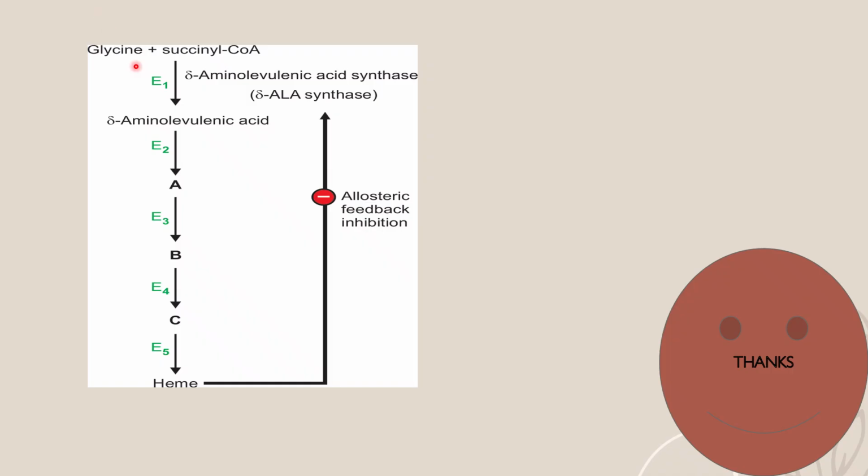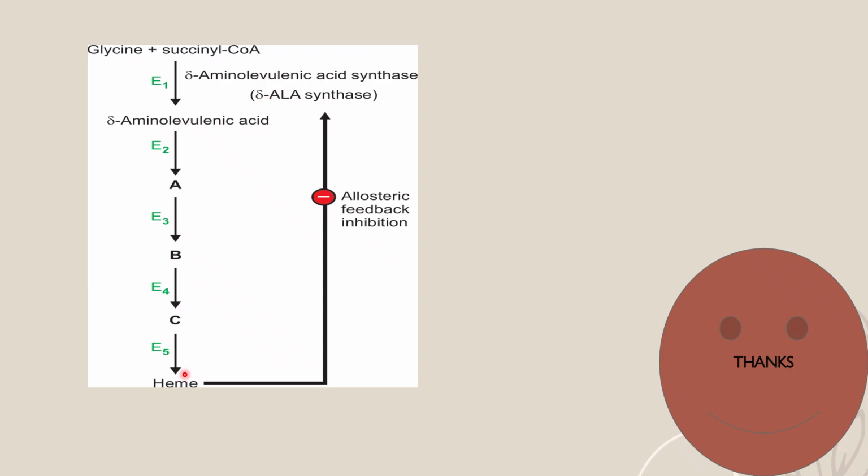Here, one important example of allosteric inhibition is in the synthesis of heme. The reaction starts from glycine and succinyl coenzyme A under the influence of the enzyme alpha-aminolevulinic acid synthase. This is the first enzyme in the synthetic pathway of heme, and it converts them into alpha-aminolevulinic acid.